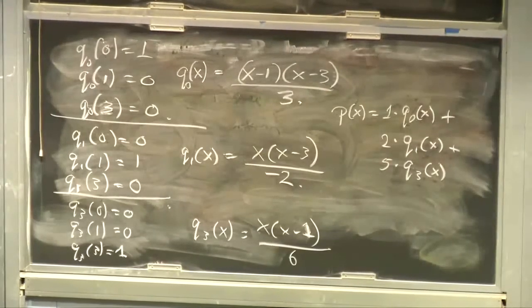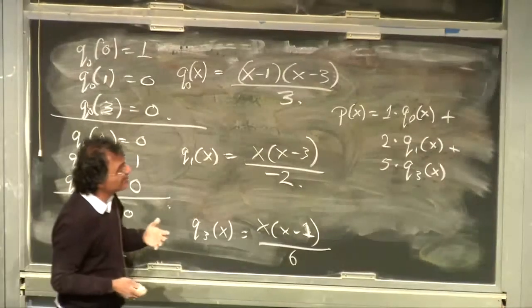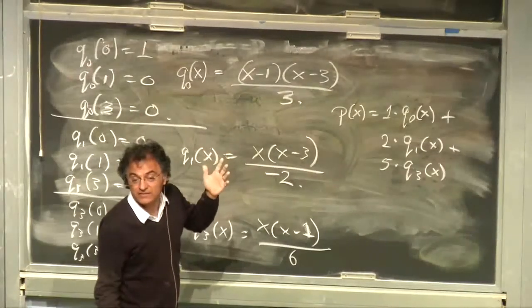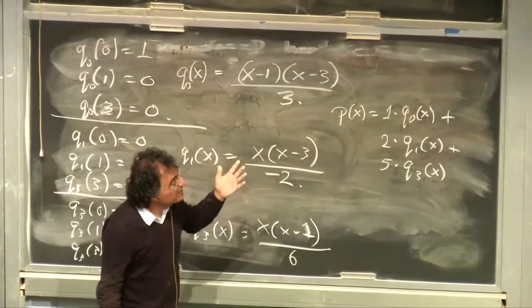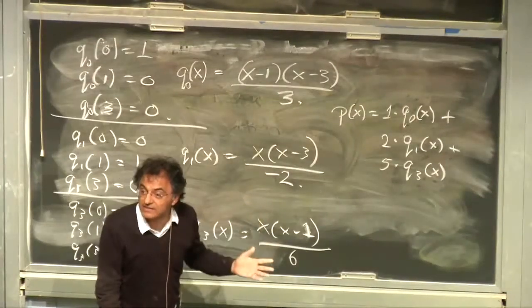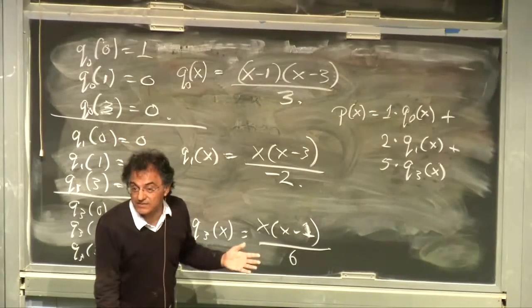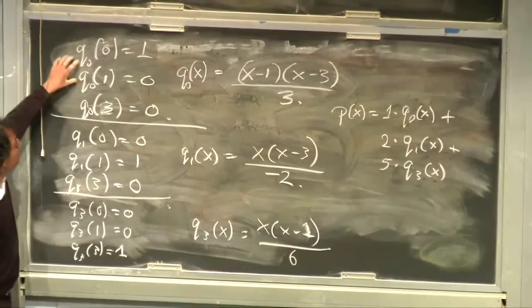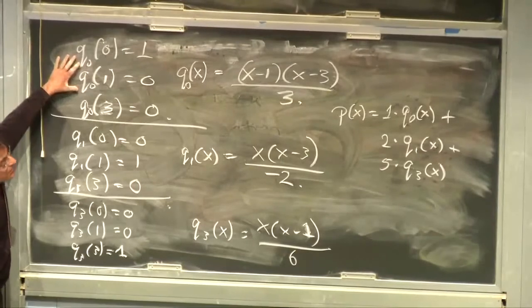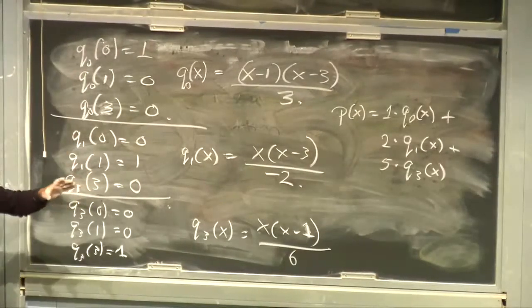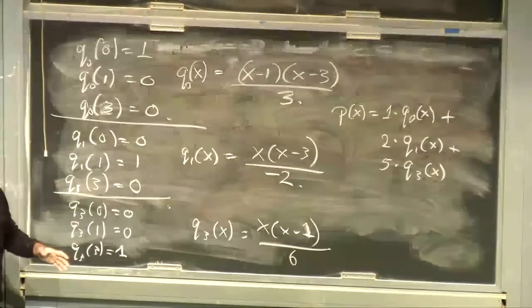Now, you should be able to see that we didn't use the fact that this was degree 2 anywhere. If it was degree d and there were d plus 1 points, we could have done exactly the same thing. All we'd have had to do was create these functions q sub x1, q sub x2, q sub x3, up to q sub x d plus 1.